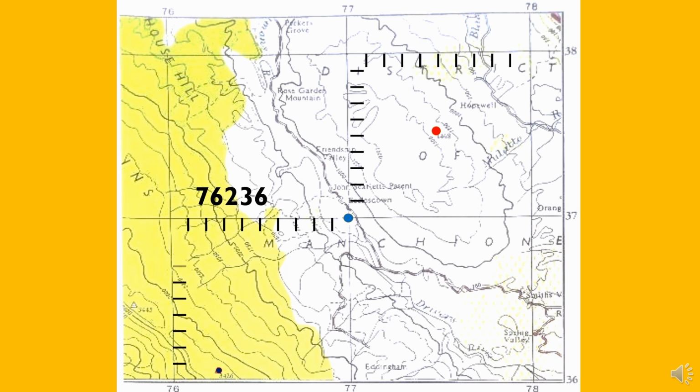Counting northwards by 9 places, we can see that our major trigonometrical station is between the first marker and our northing 36, which means that our 6th and final figure is 0, since it is not yet in line with the first marker. Therefore, our 6-figure grid reference for our major trigonometrical station is 76.2, 36.0.